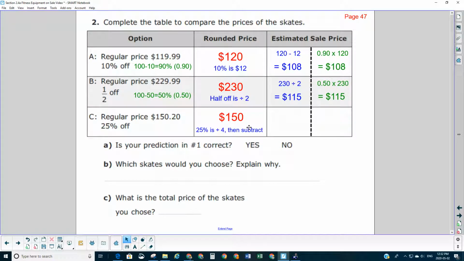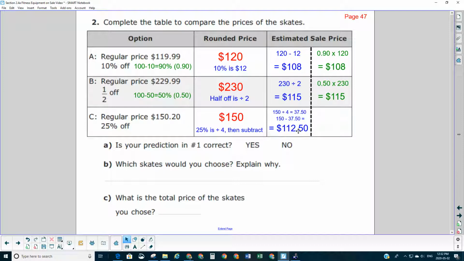So we would have to do a little bit of extra math here, divided by 4. Well, 150 is not a great number to divide by 4. It's $37.50. Then you'd have to subtract that price off the 150 to get the estimated sale price as $112.50. For me, I needed to use my calculator in all of these, both of these calculations.